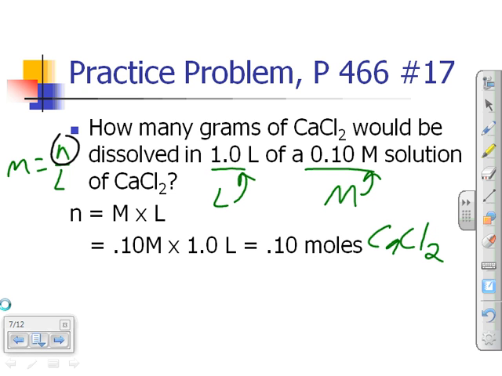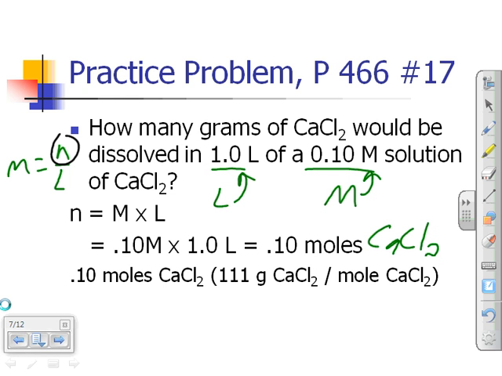If we have the moles of calcium chloride, we can easily figure out grams of calcium chloride. Again, just our standard mole conversion problem, going from moles to grams this time. We need to have grams in the numerator and moles of calcium chloride in the denominator. This, of course, is going to be 1 mole of calcium chloride. Our units, moles of calcium chloride, will cancel out.